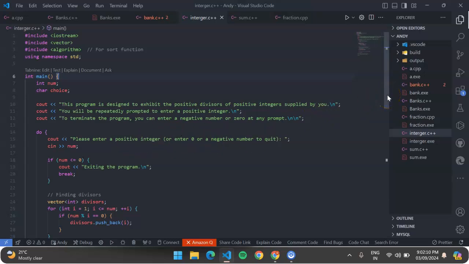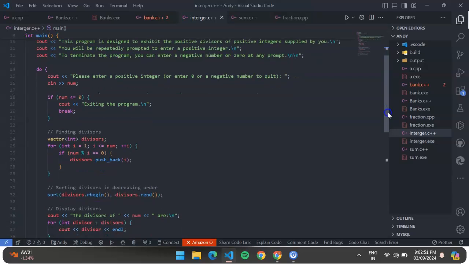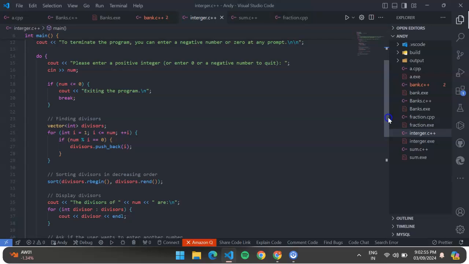When the person tries to enter a negative integer, automatically the program will quit. When the person enters a zero or a negative number, it should exit the program.